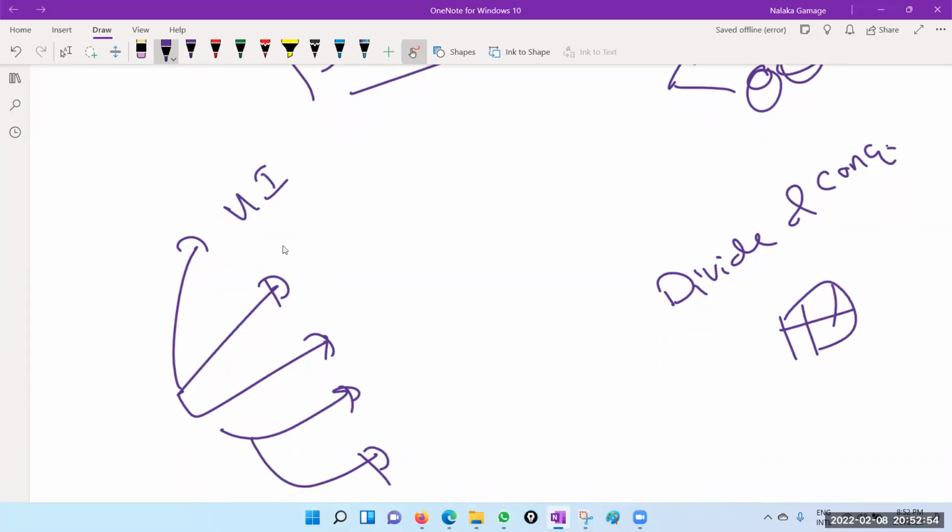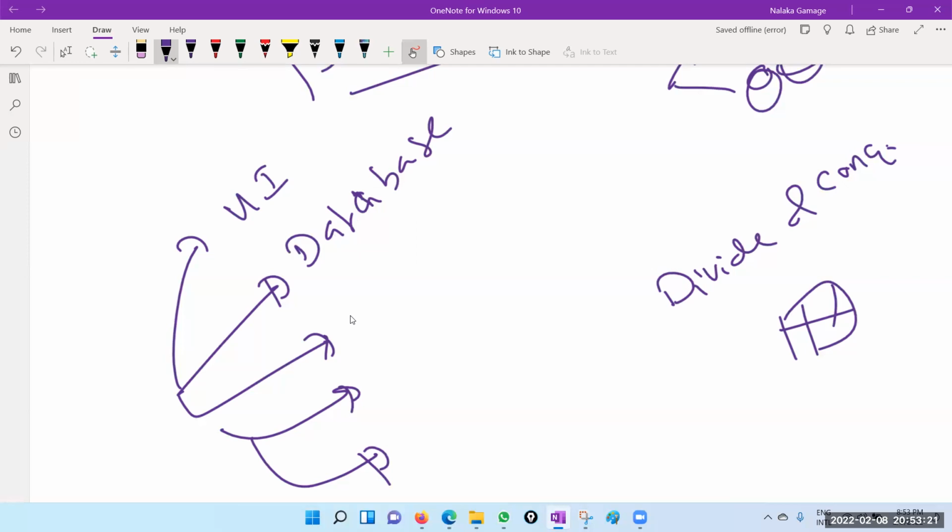Then you can design the database separately, your data, which we already discussed: ER diagram, normalization. Your conceptual ER, you can convert to design ER, then further convert into physical design. So database design, user interface design.